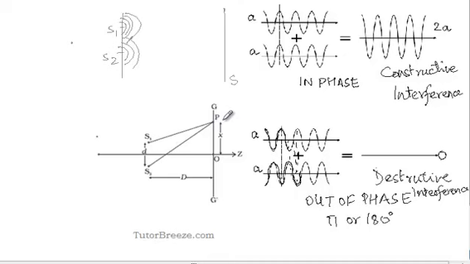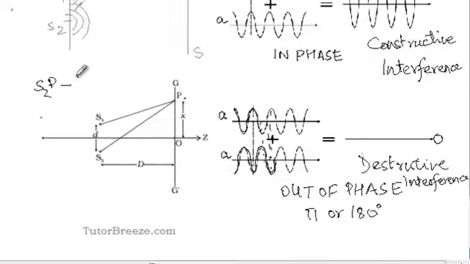Waves reaching point P on the screen are traveling different path lengths, say S1P and S2P. Now this difference in path length, say S2P is greater than S1P, so S2P minus S1P is the difference in path length for the waves which are reaching point P.